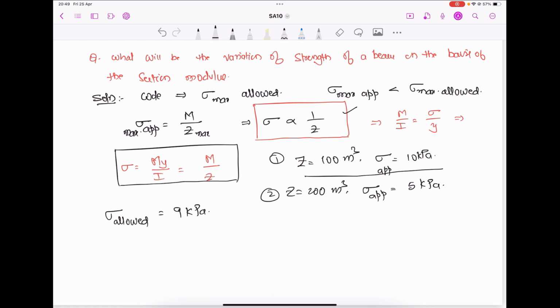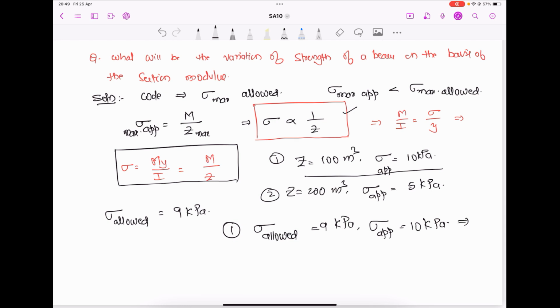Sigma allowed will not change, 9 kPa, whereas sigma applied at a particular point is 10 kPa.